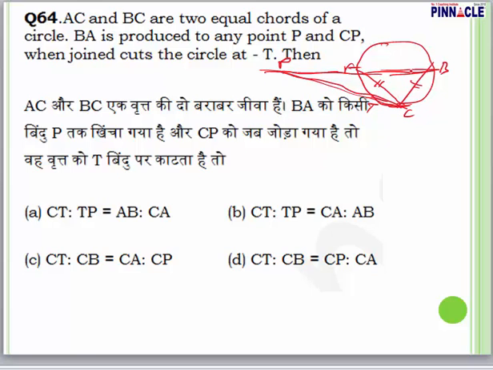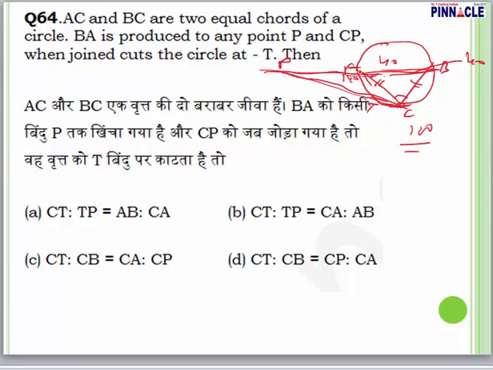In such a case, let's put the value 40 here. 40 plus 40, that is 80, and it will become 100. You can put another value also. This would be 100. So if this is 40, then the entire would be 140.